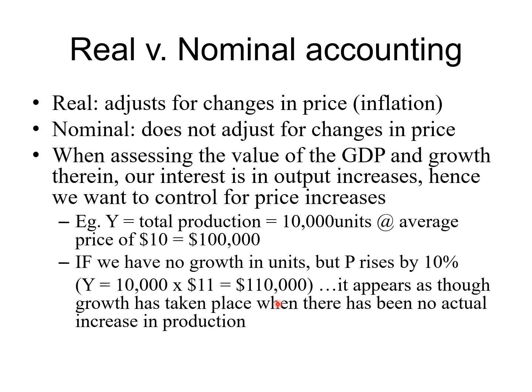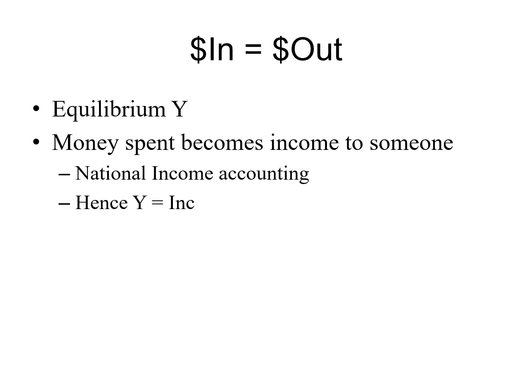So nominally the gross domestic product here has grown 10%, but in real terms, you're not producing anything more. So we pay very little attention to this. In fact, I pay no attention to nominal accounting. I pay attention to real accounting, and that's what we'll focus our attention on.